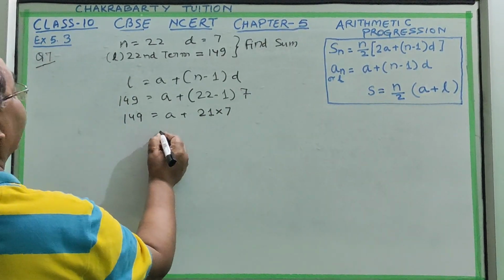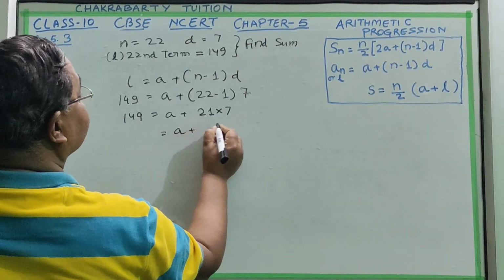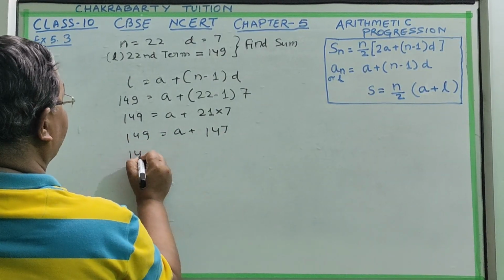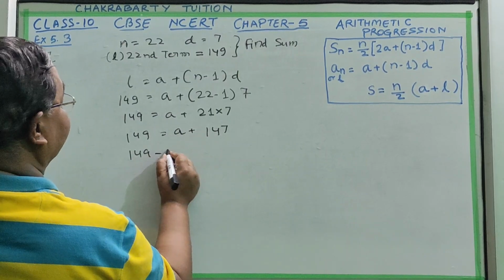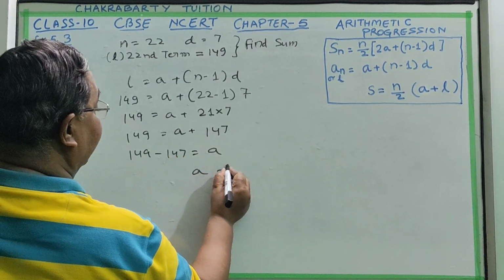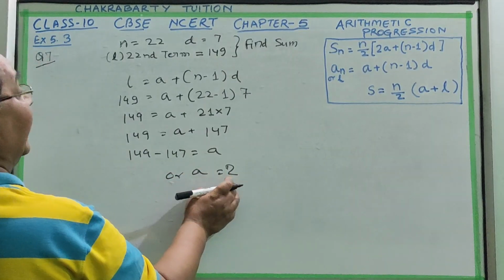So here a plus 147 is equal to 149. This 147 is plus sign, it will go to the other side, so a is equal to 2. Okay, a we have found out.